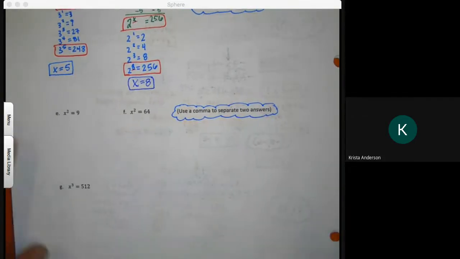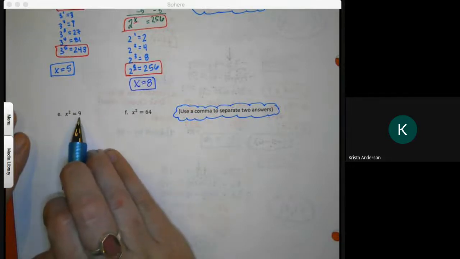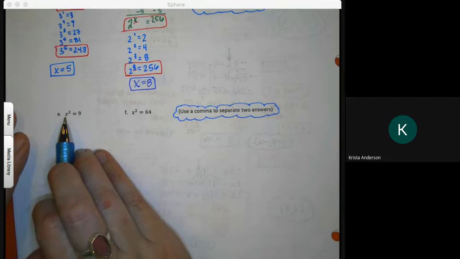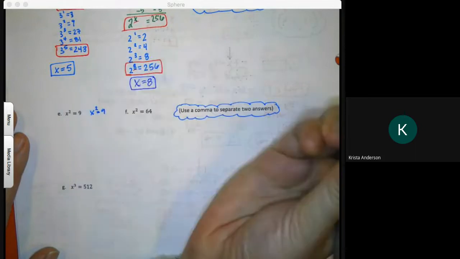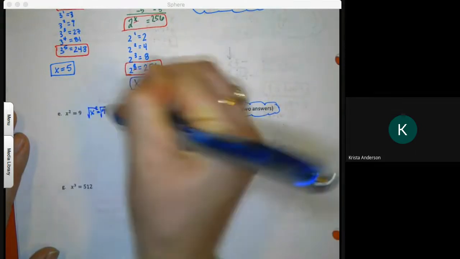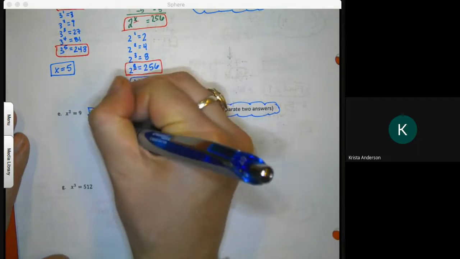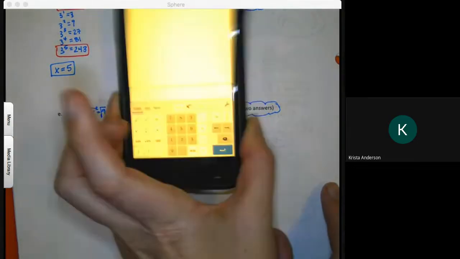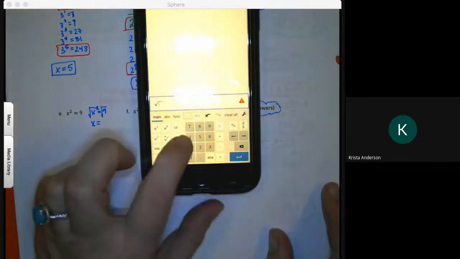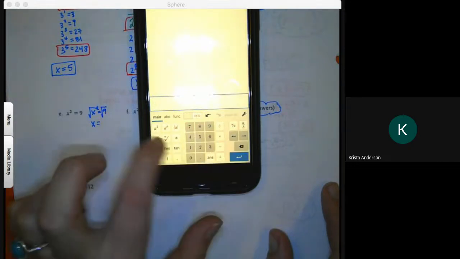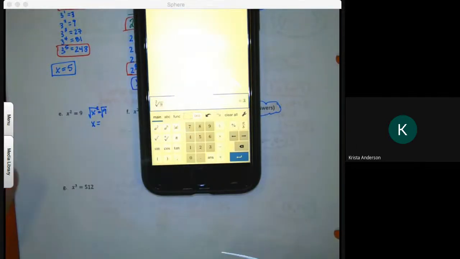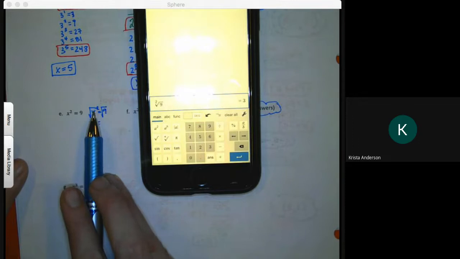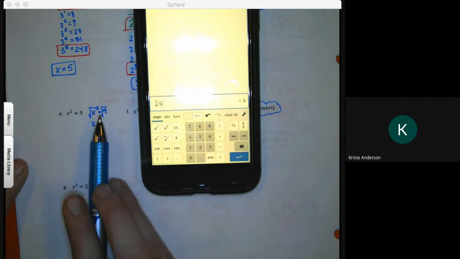So when I have x squared equals 9, if I don't know, I can calculate and solve it by saying if I square root this, the square root of 9 on my calculator will tell me it's a 3. Square root button. Or you can use this root button, but you'd have to put a little 2 on it because you're using a square root. It has to have a 2, which would give me 3.